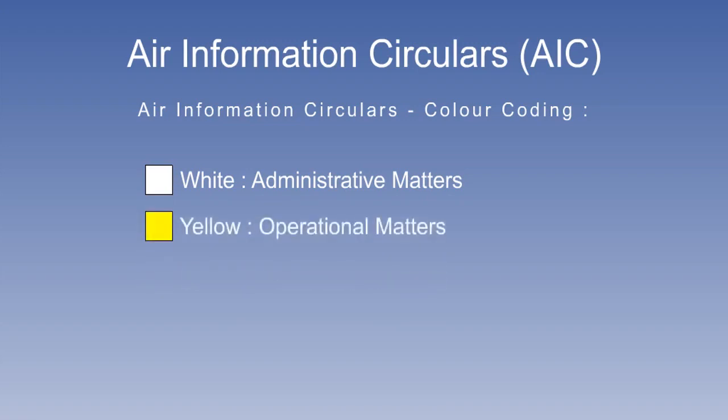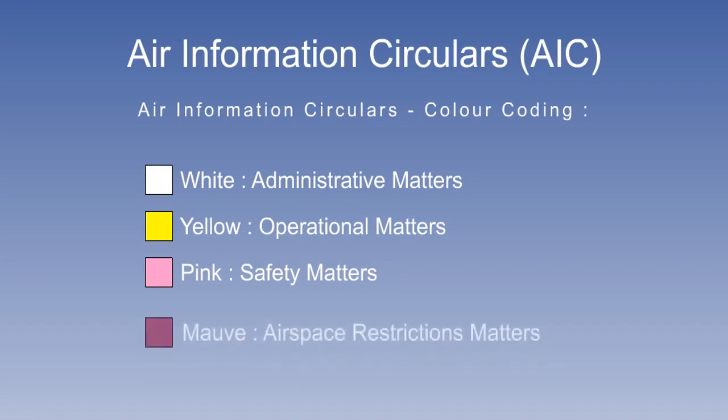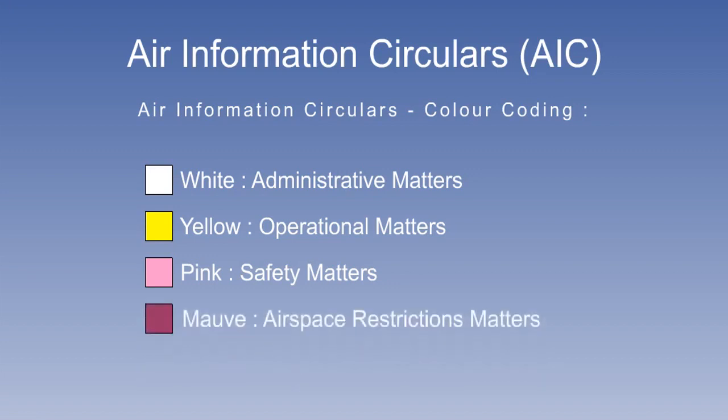Yellow deals with operational matters, such as airspace allocation. Pink is for safety matters, such as thunderstorm hazards, and are often the subject of an ATPL exam question. Mauve shows temporary airspace restrictions, such as air displays and military exercises. And the last section is green, which lists additions and amendments to aeronautical charts.